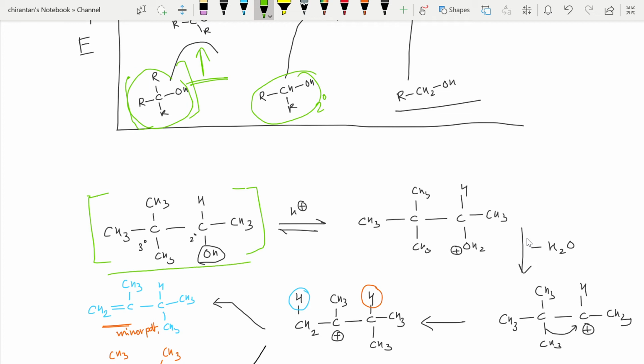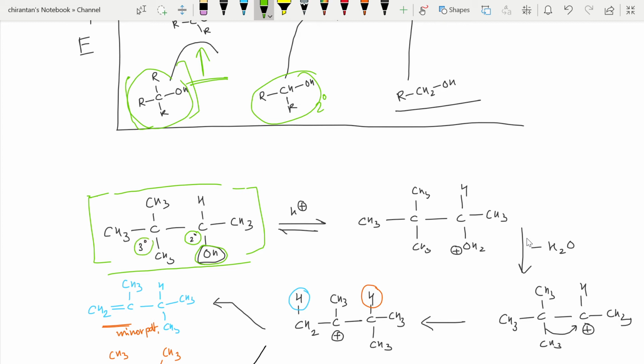In this case also we will discuss an acid catalyzed dehydration reaction. Here also we have a hydroxide group, but in this case the hydroxide group is attached to a 2-degree carbon. Also, if we check very carefully, we can see that there is another 3-degree carbon nearby.